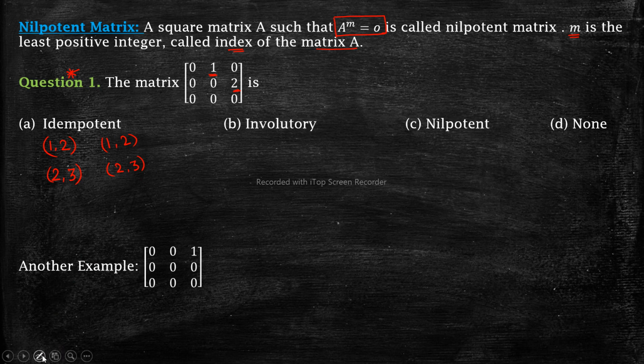So where is it, we have to find out. This is the row places and this is the column places. That means from these two we can obtain 1 comma 3. That means in the first row, third column, one element will come. I don't know which element will come, but one will come.